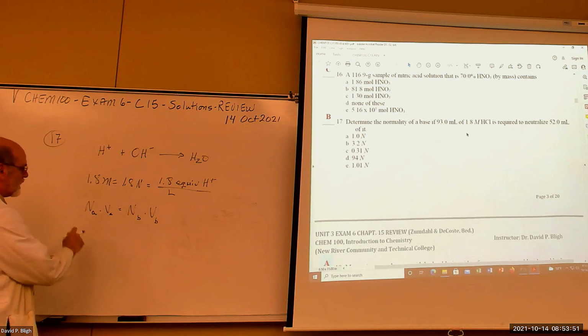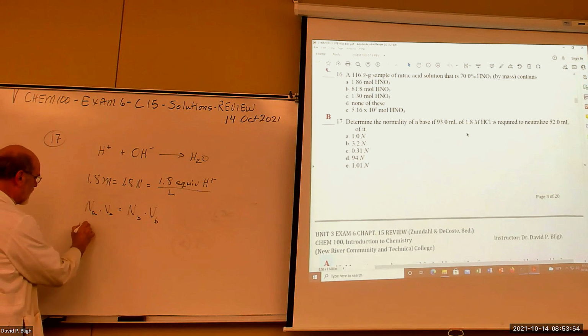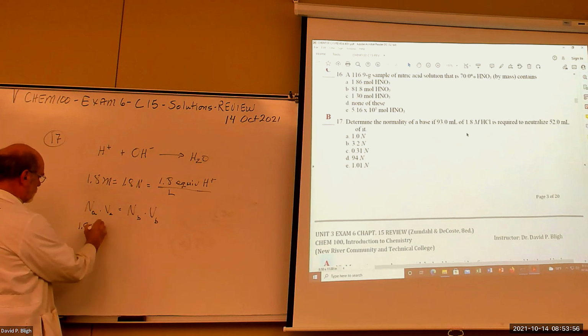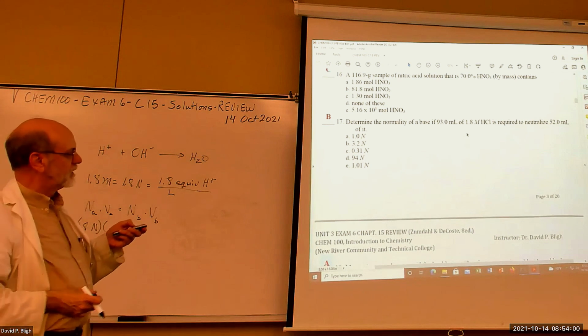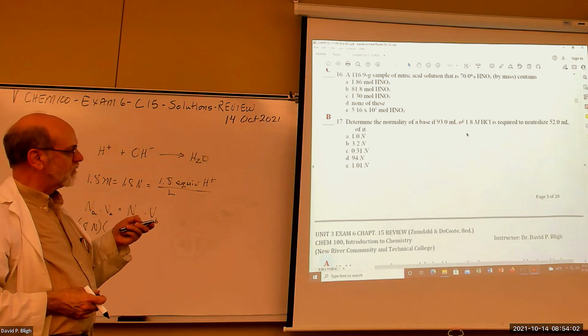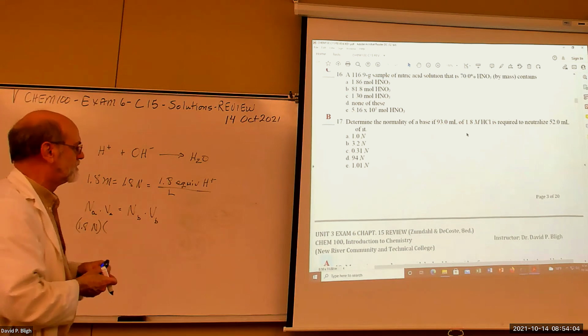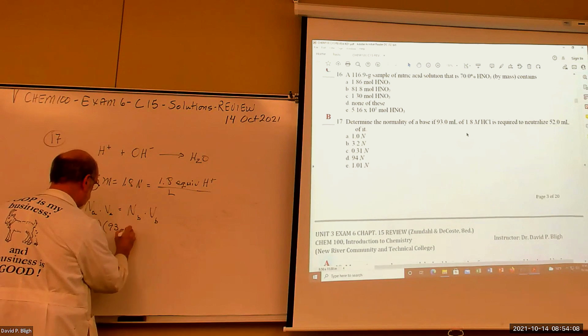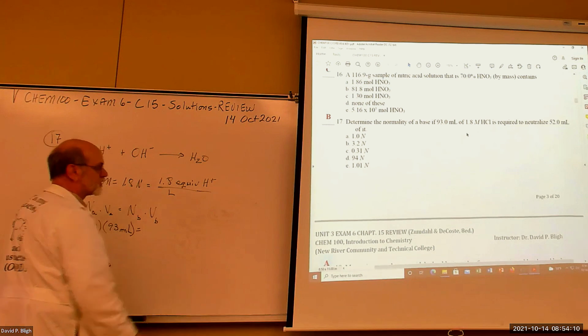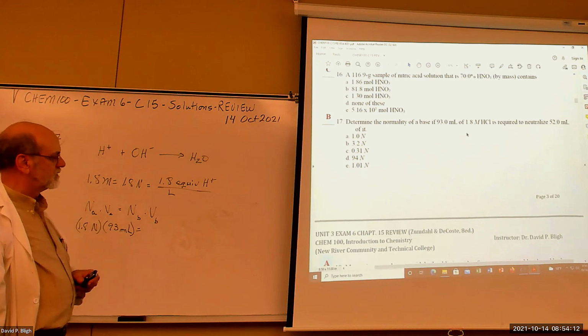So we know the normality of the acid, 1.8 normal. What's the volume of the acid? 93 milliliters of 1.8 molar. 93 milliliters.